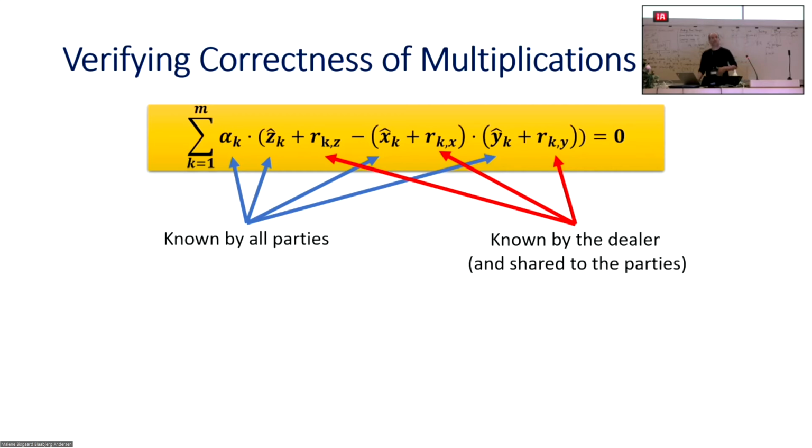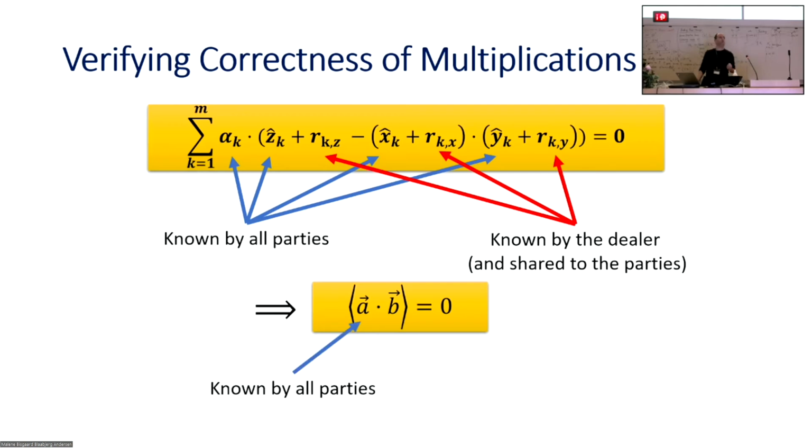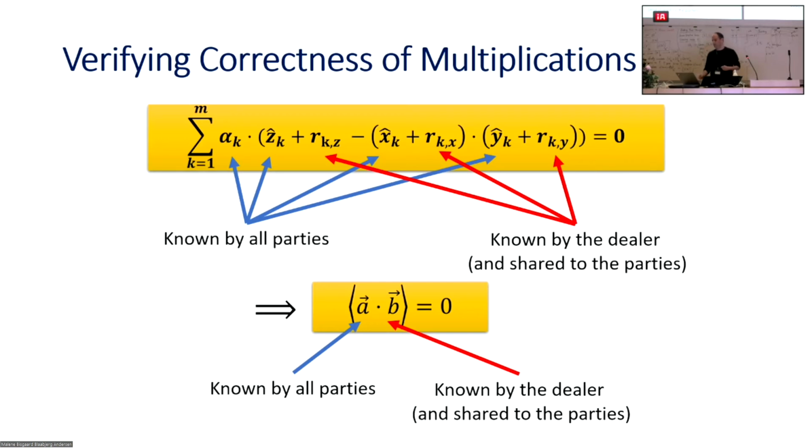If we open this equation and do all the math, what we get eventually is that this equation can be reduced to simply checking that the inner product between two vectors, a vector A, which is known by all parties, and a vector B, which is known by the dealer and also shared to the parties, equals 0.